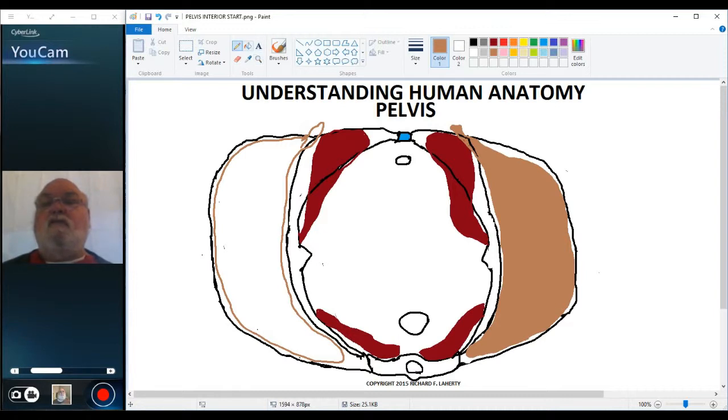An iliacus is a flexor of the hip joint.